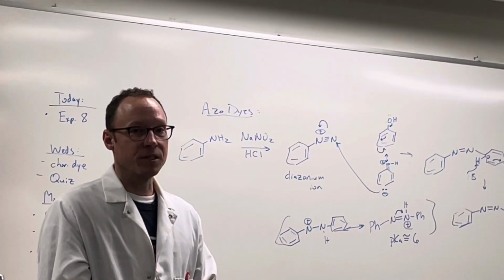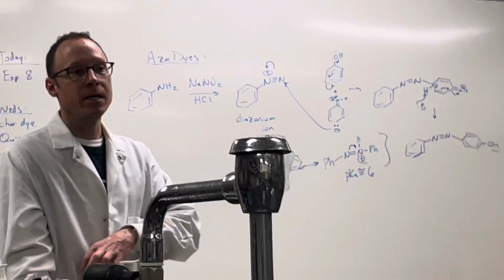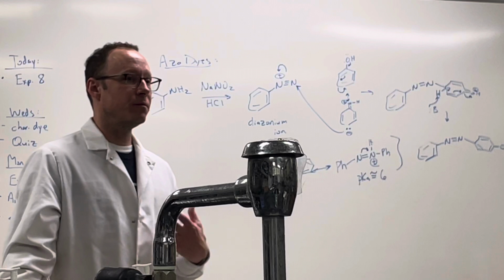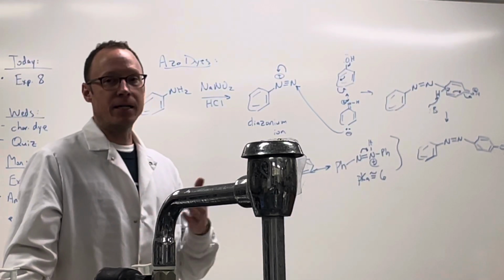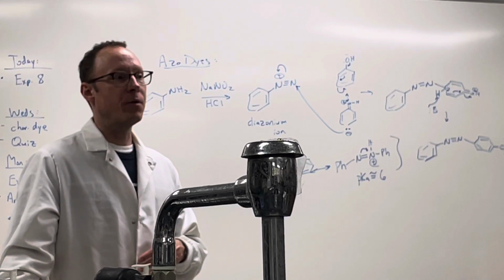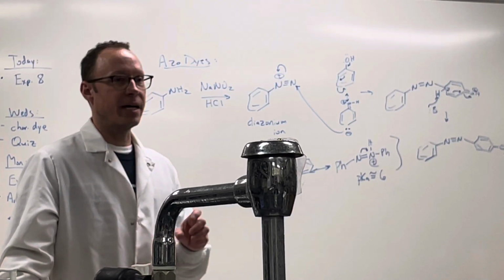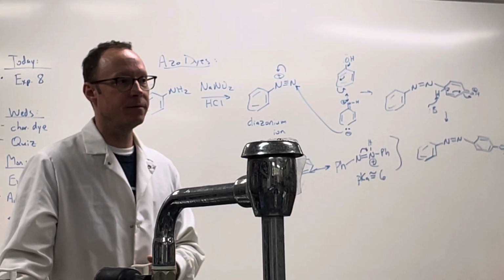So you don't want a bunch of solid as you go and take your spectra on Wednesday. Okay? So if you do the synthesis today and you notice that you've got a bunch of chunky solid stuff, go ahead and do a vacuum filtration. That way, whenever you come in on Wednesday to do the spectroscopy, you'll just have a clear dye solution to work with and you'll be ready to go.